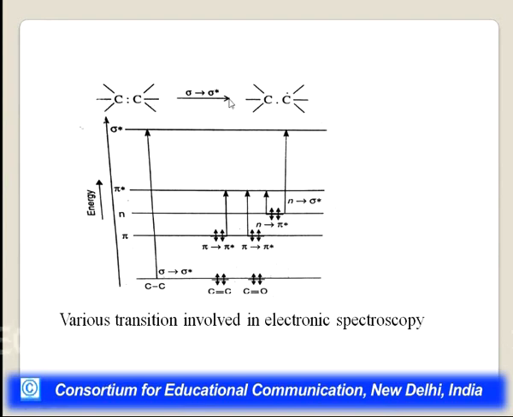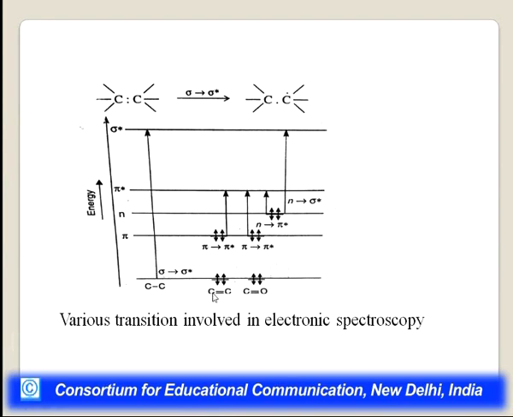You can see the transition from bonding sigma to anti-bonding sigma star, as all sigma bonds are there, no pi bond is there. If you see this carbon single bond carbon, it will contain sigma to sigma star transitions, so the energy difference will be highest.